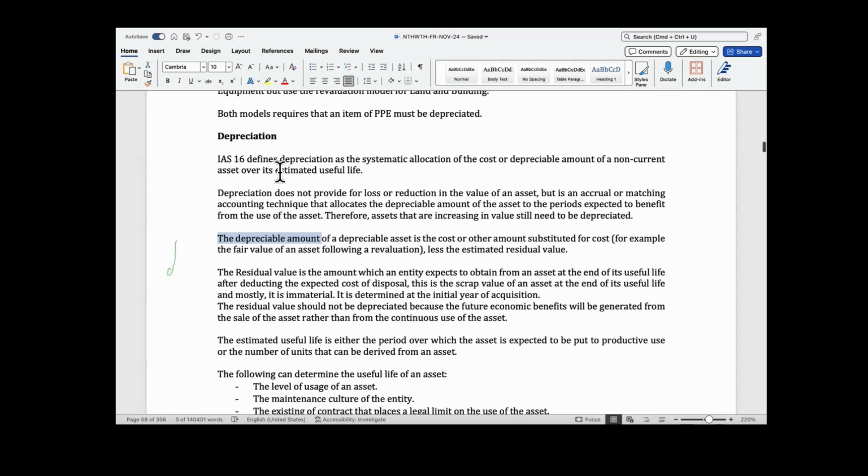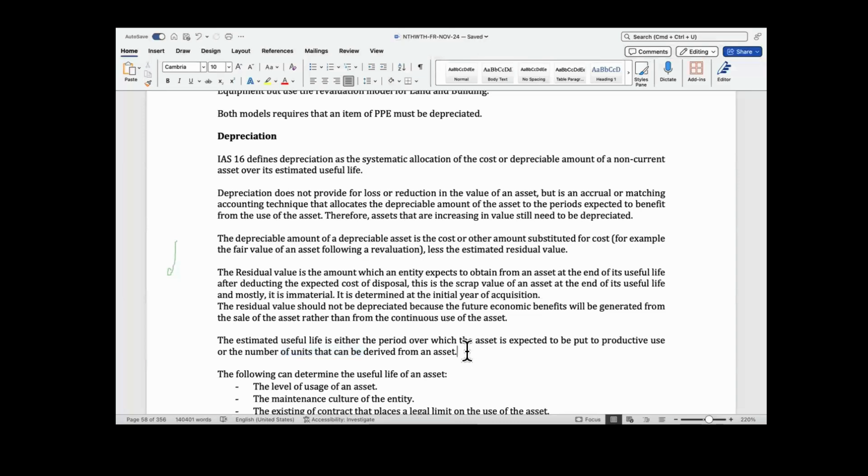Now, the third one is estimated useful life. This estimated useful life is the period over which you are expected to use the asset, or it could be in form of the number of units that can be derived from an asset.